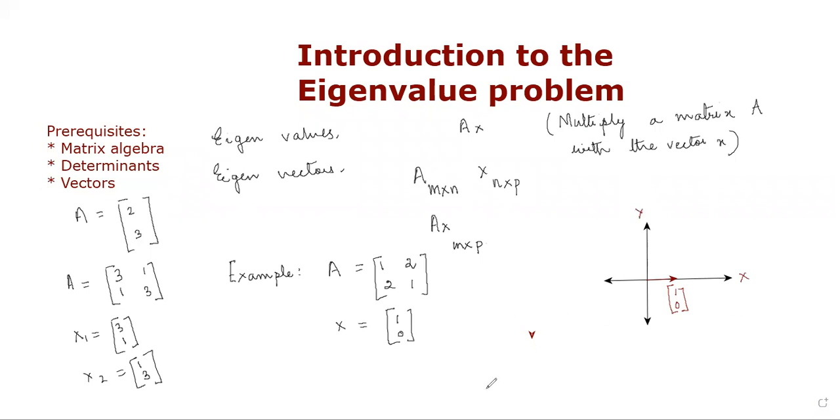Now that we know we can multiply, we check the dimensions. It is multiplicable. So we compute Ax, which is a very simple multiplication because these are standard basis vectors. We get 1, 2.